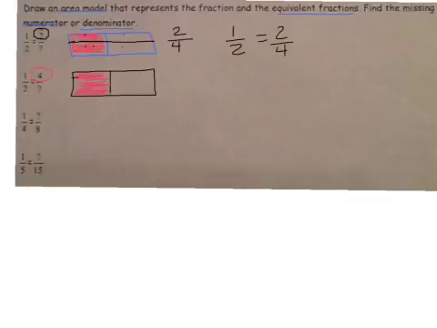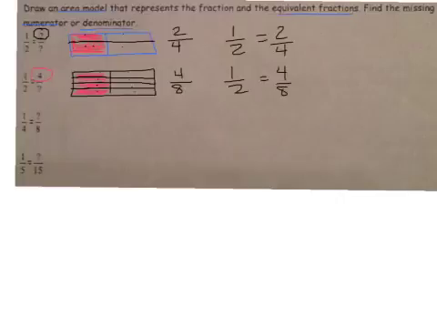I'm going to draw 3 lines across so that I have 4 rows. 1, 2, 3, 4. So that now I have 4 shaded parts, and I should have 4, 5, 6, 7, 8. So that is showing 1/2 is equal to 4/8.